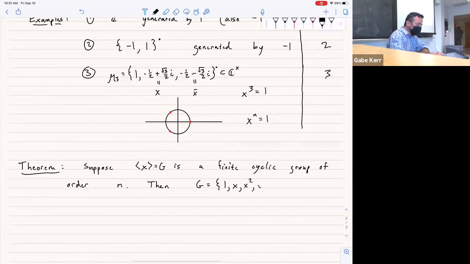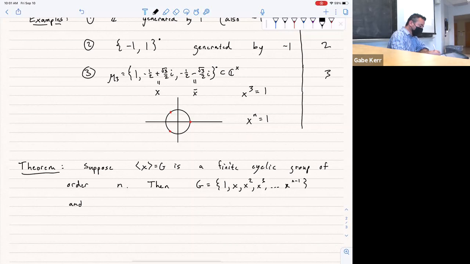And we know it's finite, so at some point it's going to stop, or at least start cycling around. It can't just be distinct elements forever. And the place where it stops, because we know X is a generator, is at the n minus first power of X. If we went one more, we would get 1.